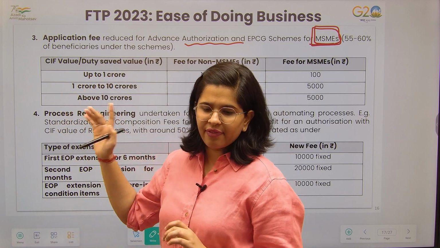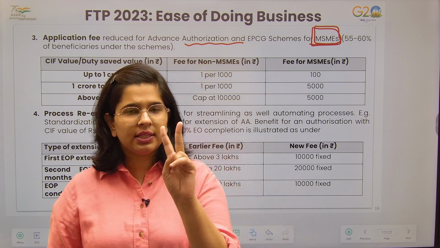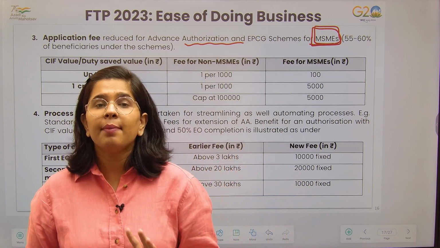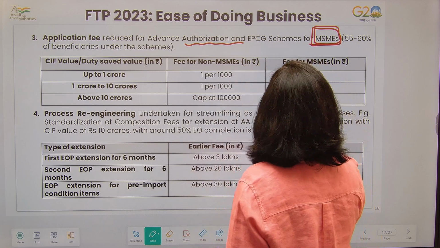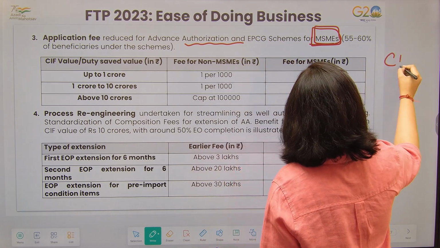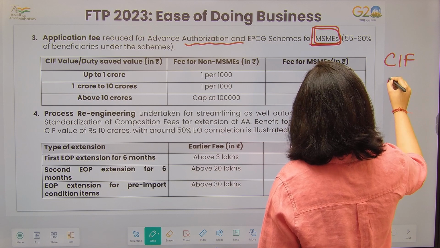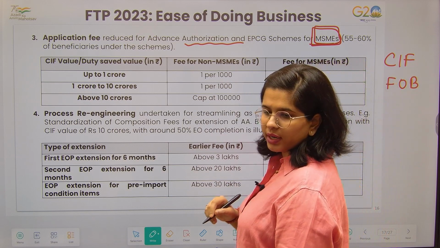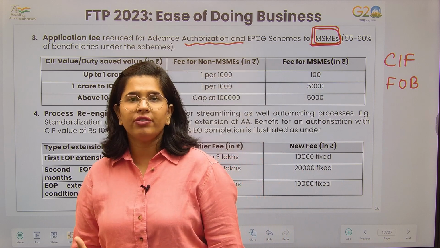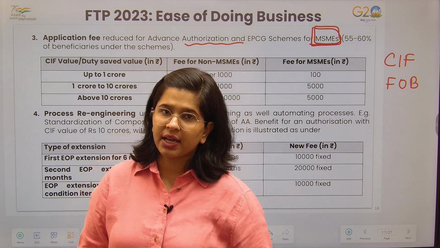Now what is CIF value and FOB value? These are the two terms that you will come across in the FTP document. These are the value of the export that you have done.